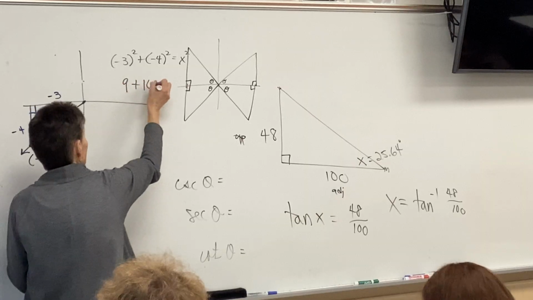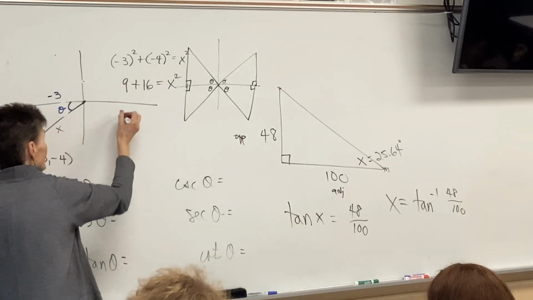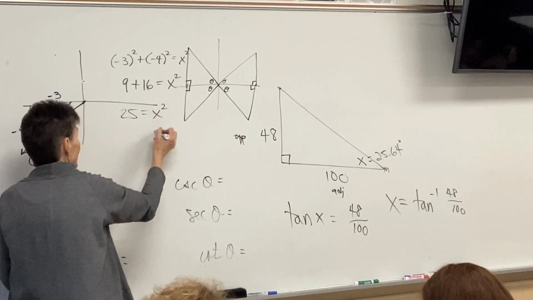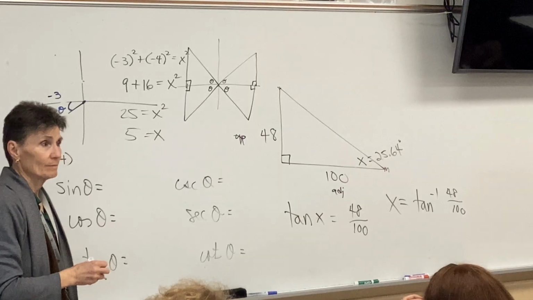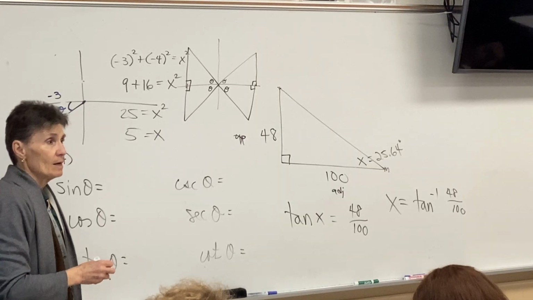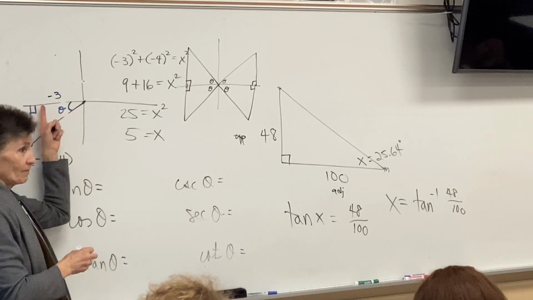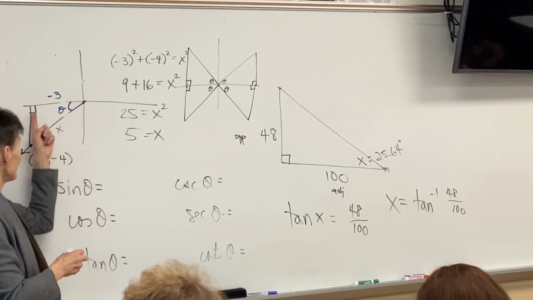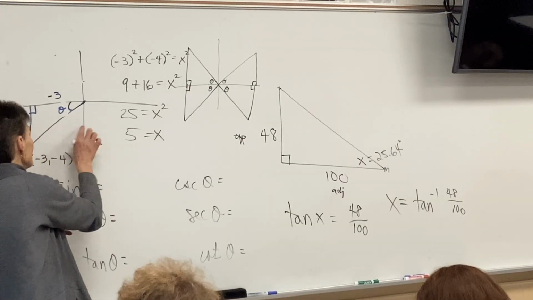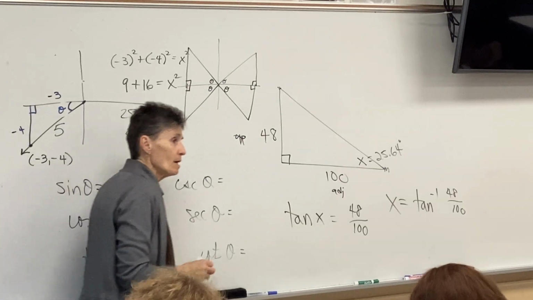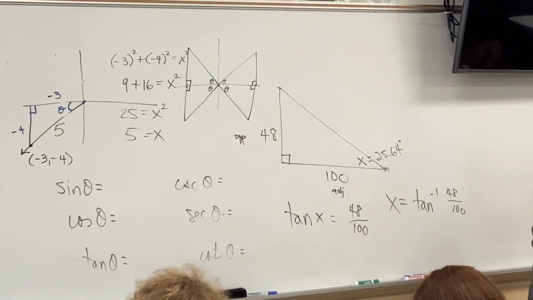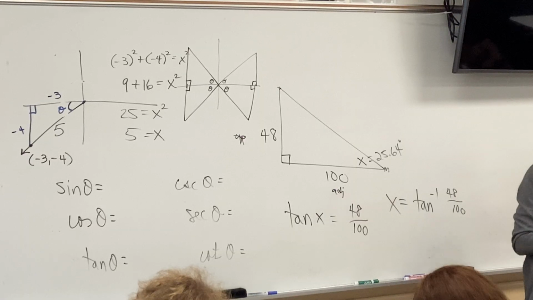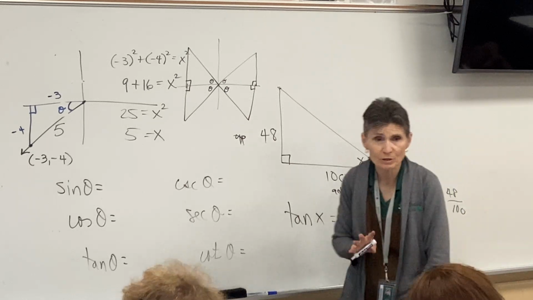So 9 plus 16 equals x squared. 25 equals x squared and x equals 5. This can be negative. If I'm on the left side, that will be negative. If I am down, that will be negative. The hypotenuse is always positive. Left and down are negatives, but the hypotenuse is always positive. Every problem you do.